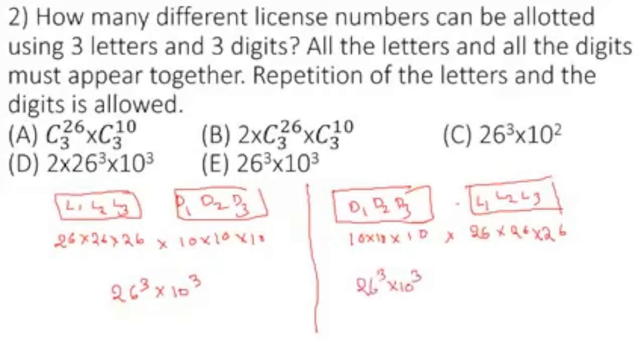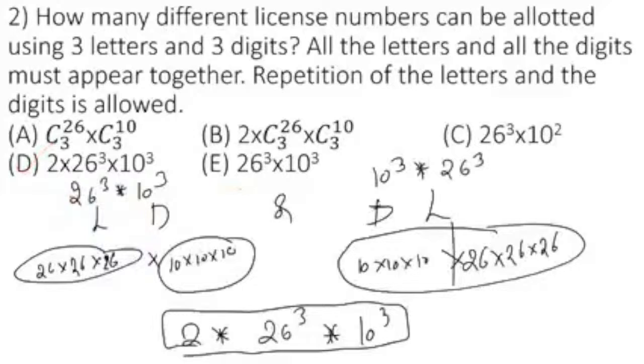So the final answer will be 2 into 26 cube into 10 cube. So the answer is D here. You can see the meaning here, letters then digits, or digits then letters. The possibilities are nothing but 2 into 26 cube into 10 cube. So the answer is D here.